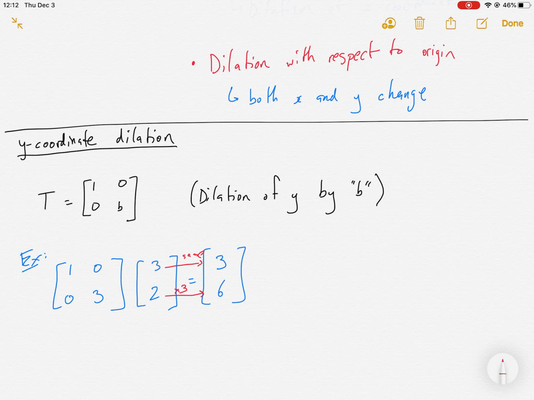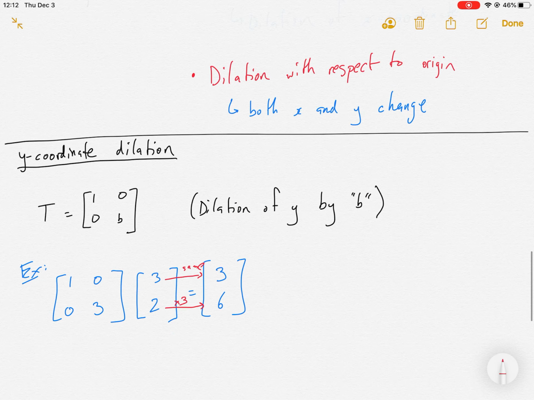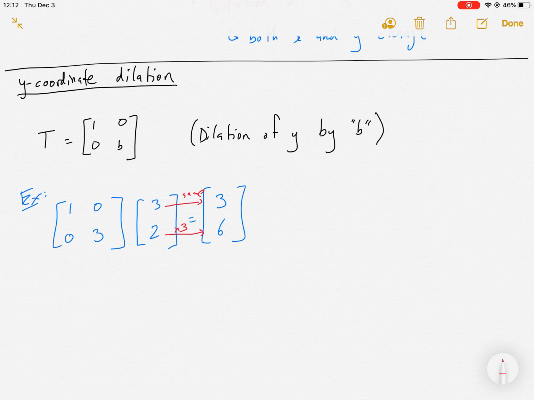So that's exactly what we saw in the previous example, where I dilated away from the x-axis to the point (3, 6) here. So we would say that this was a dilation by 3 of the y-coordinate, or you could say with respect to the x-axis. It's kind of up to you how you want to do that. But the y-coordinate got dilated by 3.